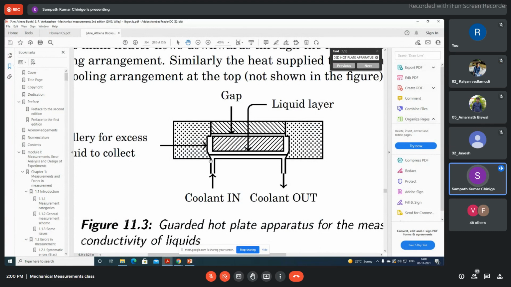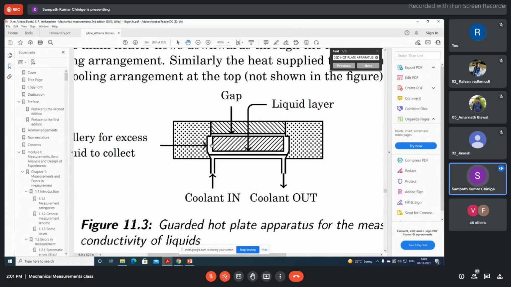The thickness of the layer we are choosing is of the order of mm, and therefore conduction heat transfer is dominant in this particular case. We also adjust the guarded heat input such that there is no temperature difference across the gap between the main and the guarded heater. Therefore, there is no heat transfer in this direction.